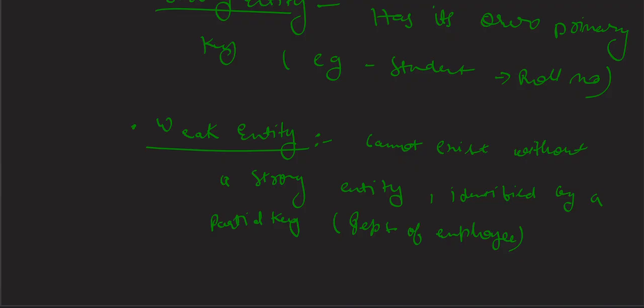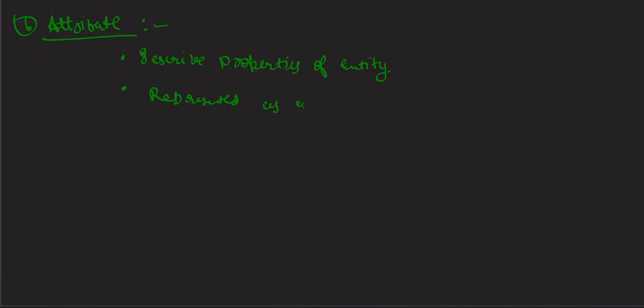So let's move further. So next is attribute. Okay. So an attribute describes properties of an entity. And the second point is that it is represented as an oval shape.